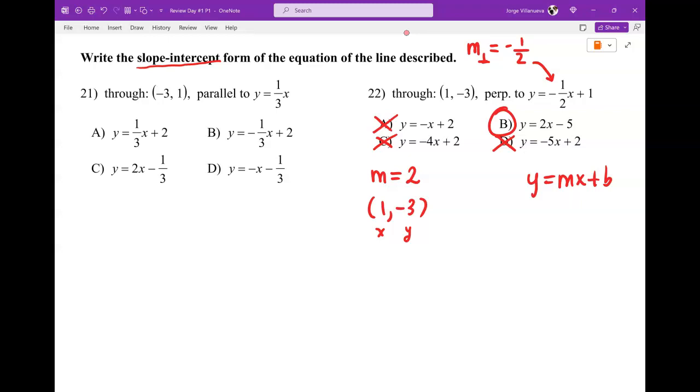But just to solve it, -3 is equal to 2 times 1 plus b. -3 equals 2 plus b, and if I move the 2 over, that's -5 equal to b. So again, notice there's that -5 right here. So that would be my answer, 2x minus 5.